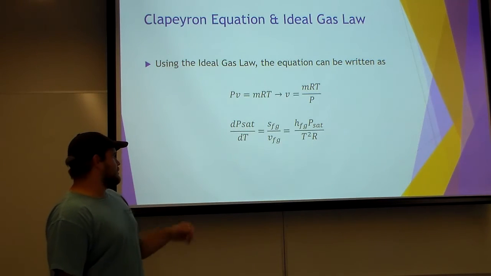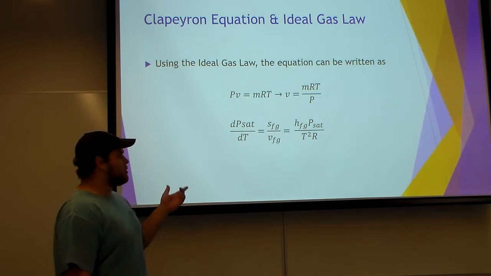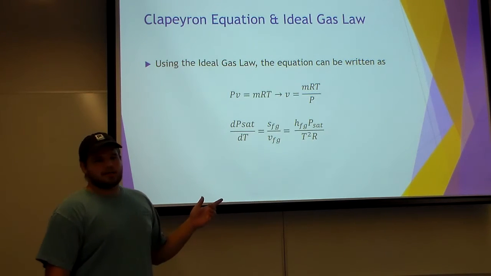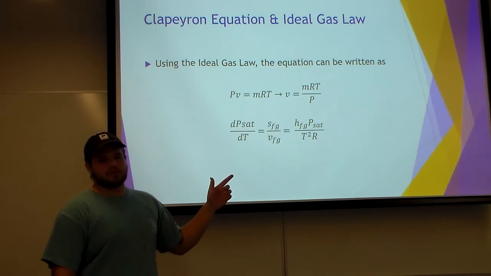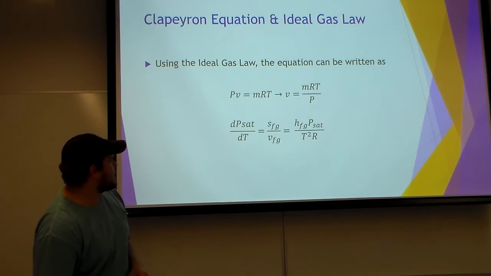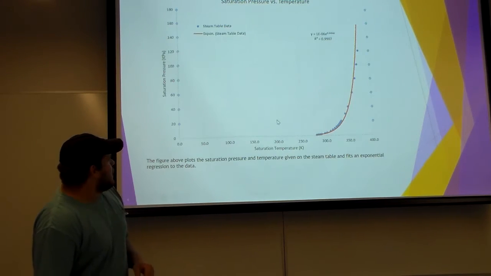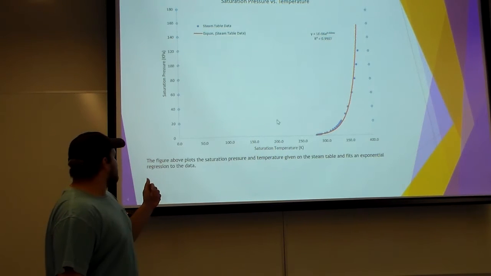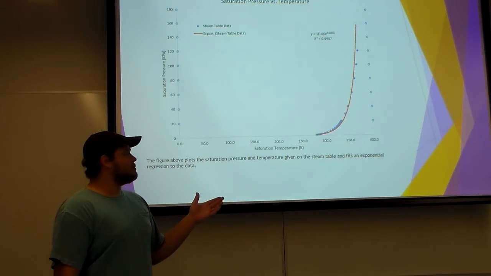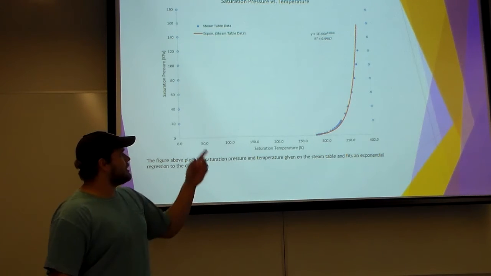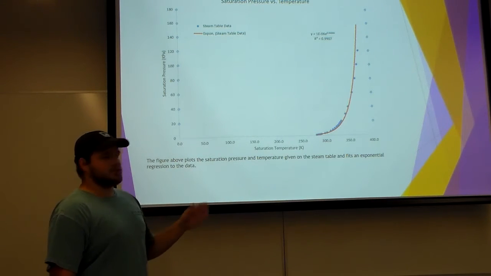We can rearrange it, so now we see that the derivative of the pressure with respect to temperature is actually the latent heat times the pressure divided by the temperature squared times the gas constant.